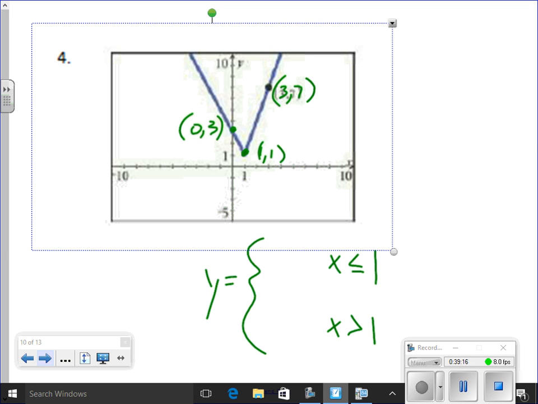When x is less than or equal to 1, this slope is down 2 over 1. So that should be a negative 2 slope. And it hits at 3, so negative 2x plus 3. It's the y-axis at 3.